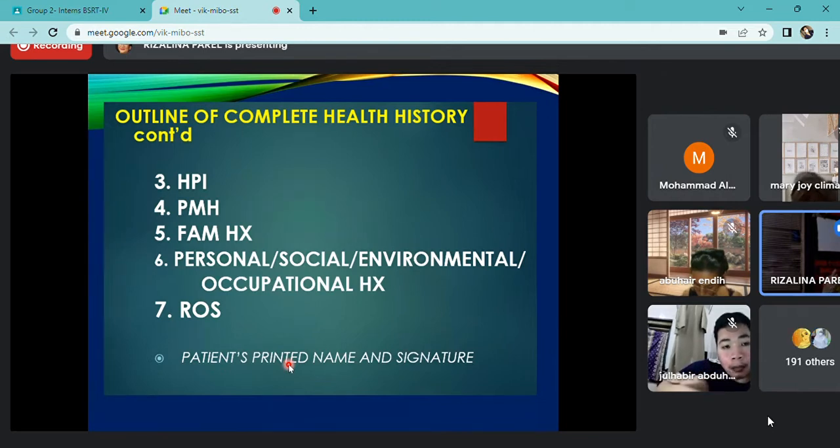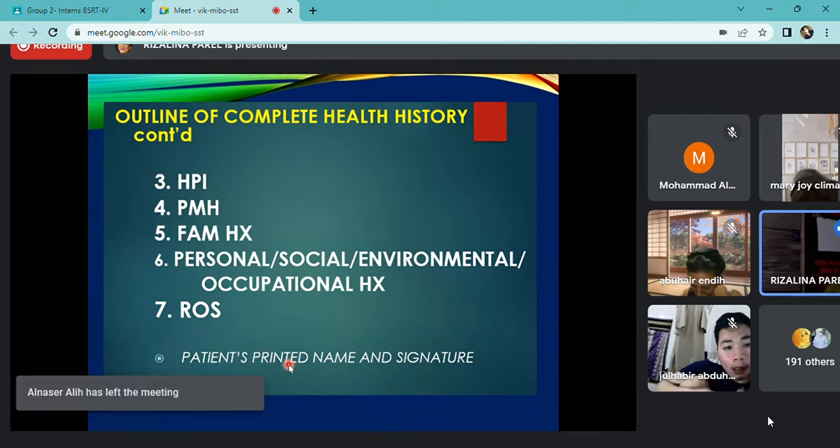Okay, so saan yung masakit? Sa middle chest ba? And then, nagre-radiate ba hanggang sa likod? Nagre-radiate ba sa left upper extremities? Or nagre-radiate ba sa lower extremities? So saan yung kanyang radiation? And then, followed by severity.